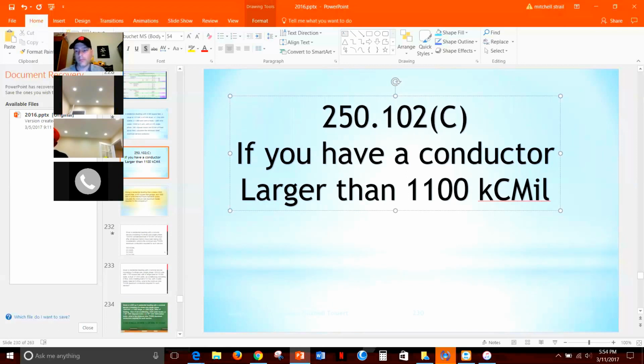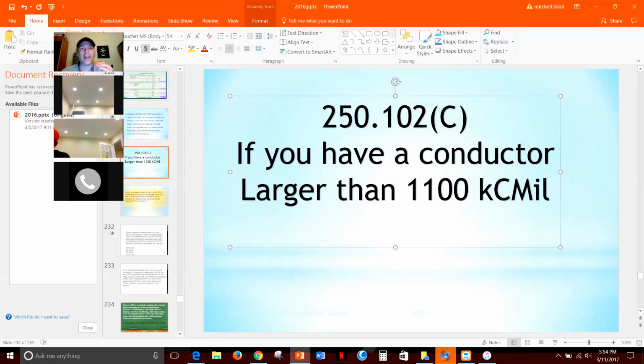It says over 600 to 1100. Very bottom of it says over 1100 kcmil. But the actual table has 600 to 1100, right? And then the largest wire size you see on that table is a 2-aught. Right. Here's the big difference. That table doesn't stop like the other one does with the 3-aught conductor.